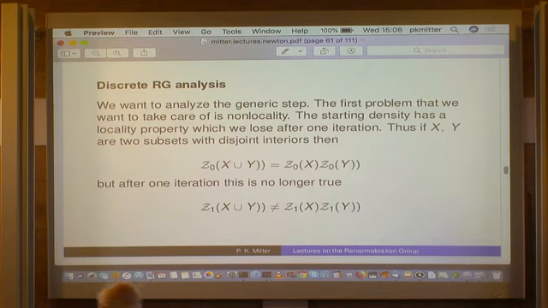We're going to do discrete RG analysis in preparation for some theorems. So the first problem we have to deal with is the fact that although the local potential is additive and therefore its exponential is multiplicative when you have two disjoint sets, after one iteration this is no longer true.